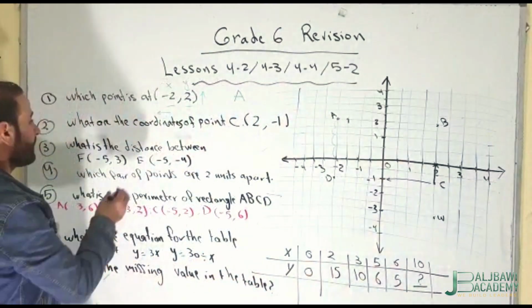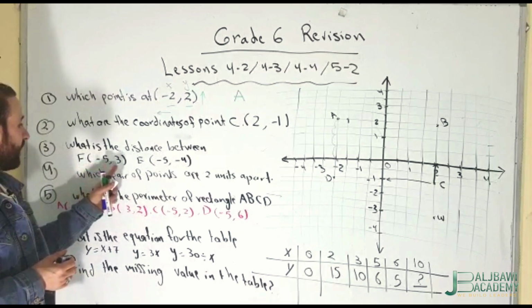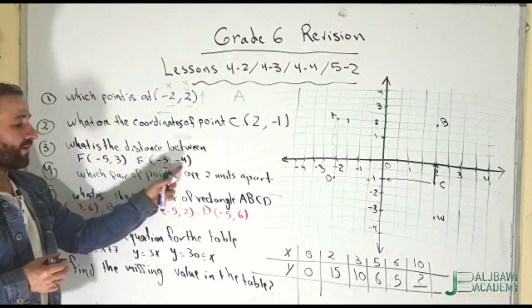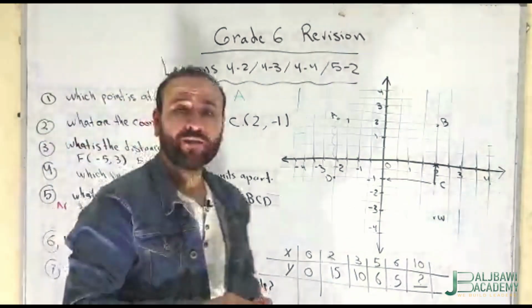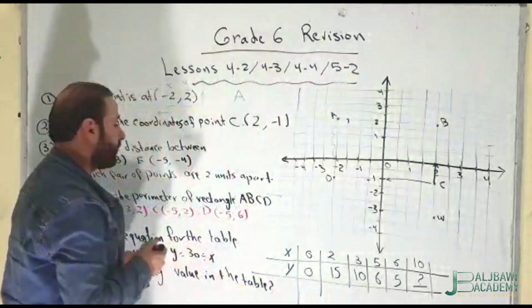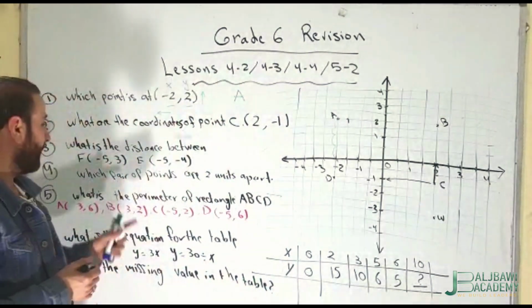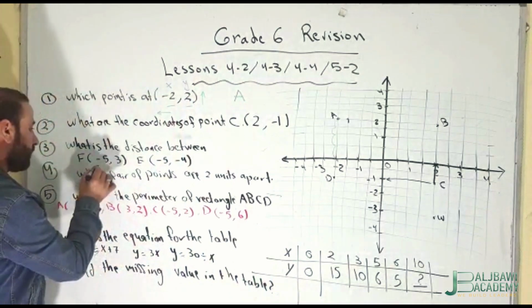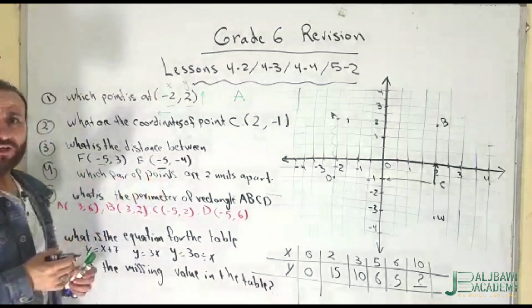Now, what is the distance between 2 points, F (-5, 3) and E (-5, -4)? To find the distance between 2 points, I first cross out the similar coordinates, which here are the x coordinates. The x coordinate of F is -5, and the x coordinate of E is -5.